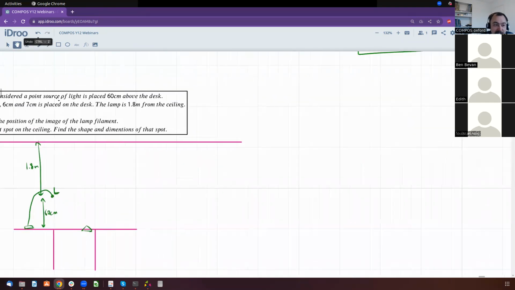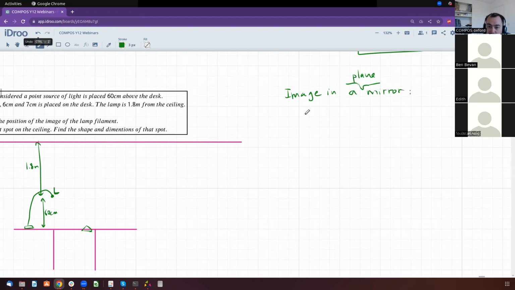Okay, the first thing that you need to know: images in a plane mirror.